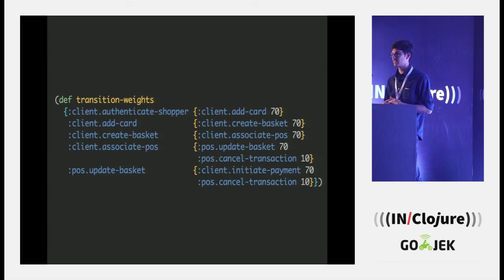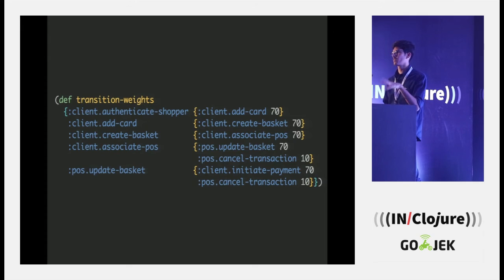So we define transition weights, which describe, when you are generating these flows, what weight is given to a particular action, given that you have just generated one particular action. So if you have just generated authenticate shopper, 70% of the time generate add card, which is provision card, the next time. And there is 30% which could be totally random, but dependent on the dependencies that we just described.